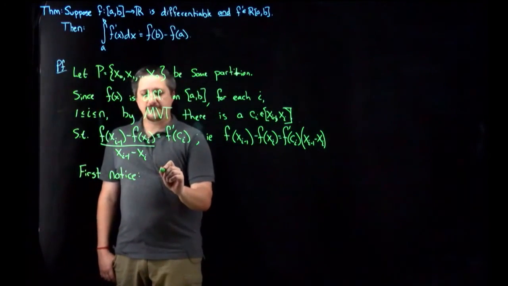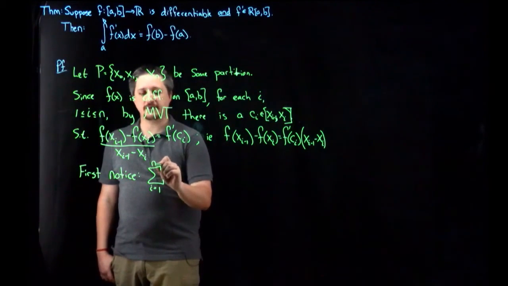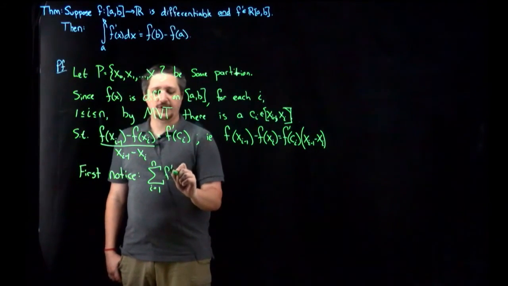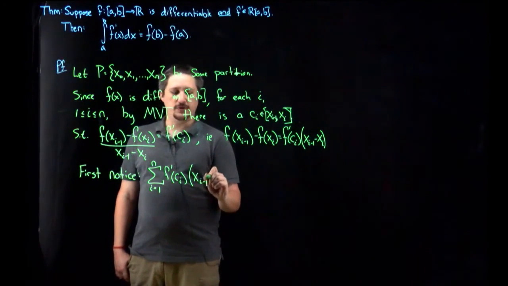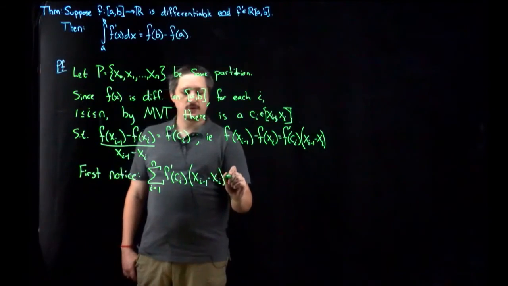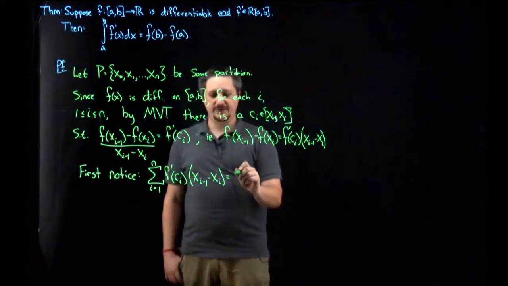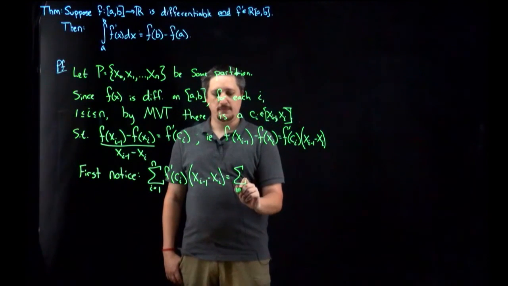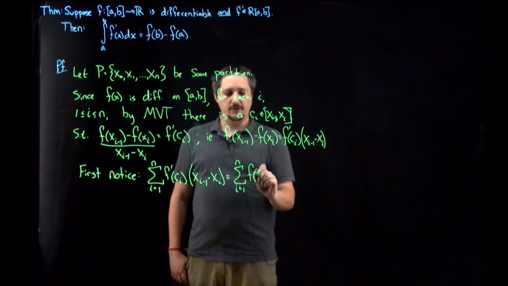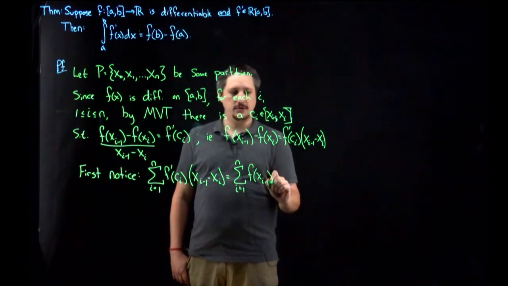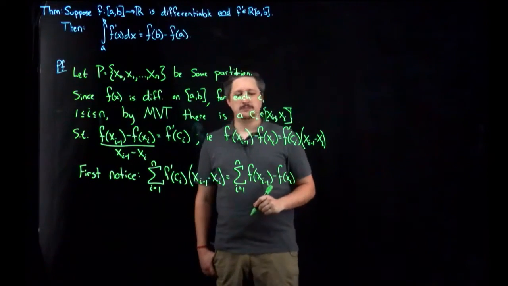If I were to have this sum, and why I care about this sum I'll explain later, this sum of f prime of ci times xi minus 1 minus xi, well, that is just the sum, i equals 1 to n, of f of xi minus 1 minus f of xi, right?